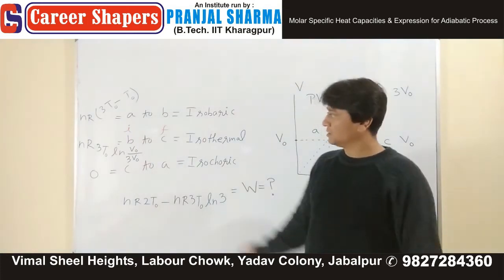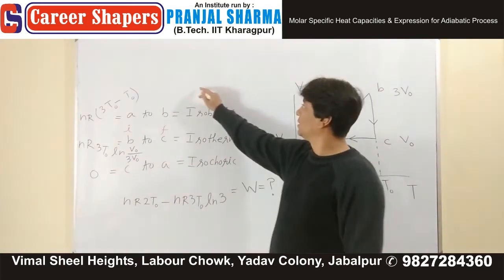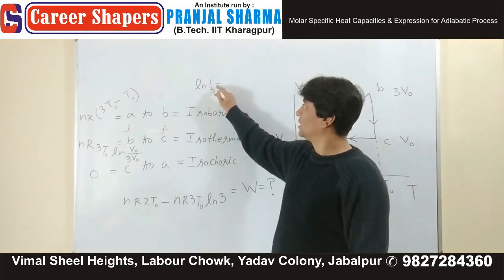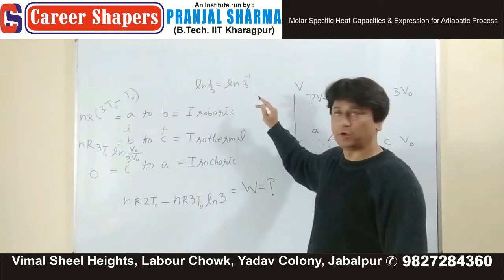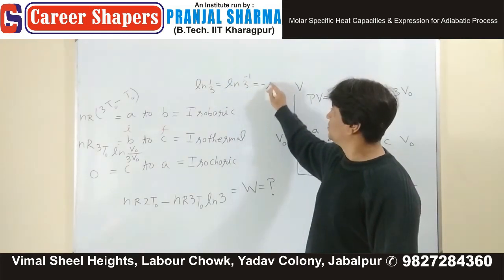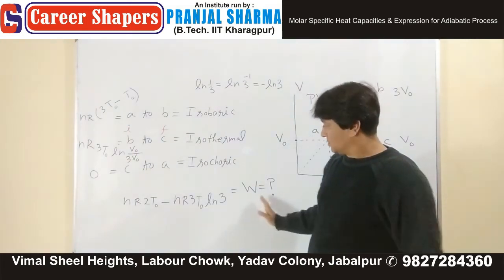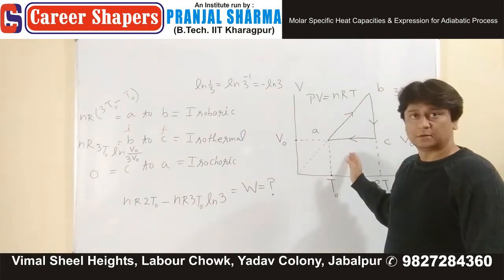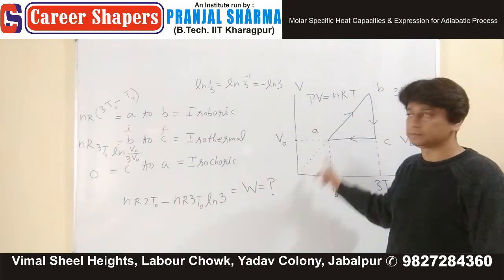What I have done, this is V naught cancel, log 1 by 3. Log 1 by 3 is log 3 to the power minus 1, which is minus of log 3. This is work done by the system for the given graph.